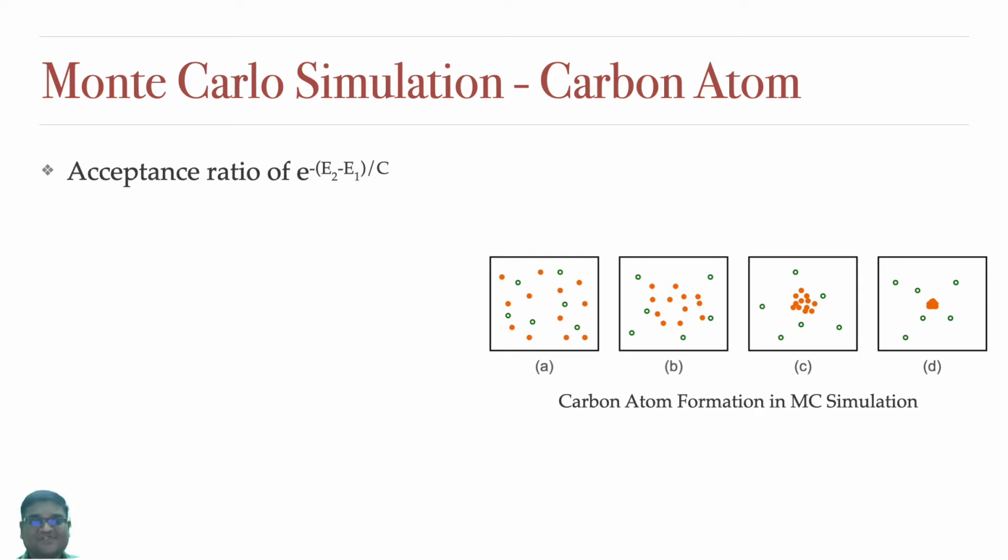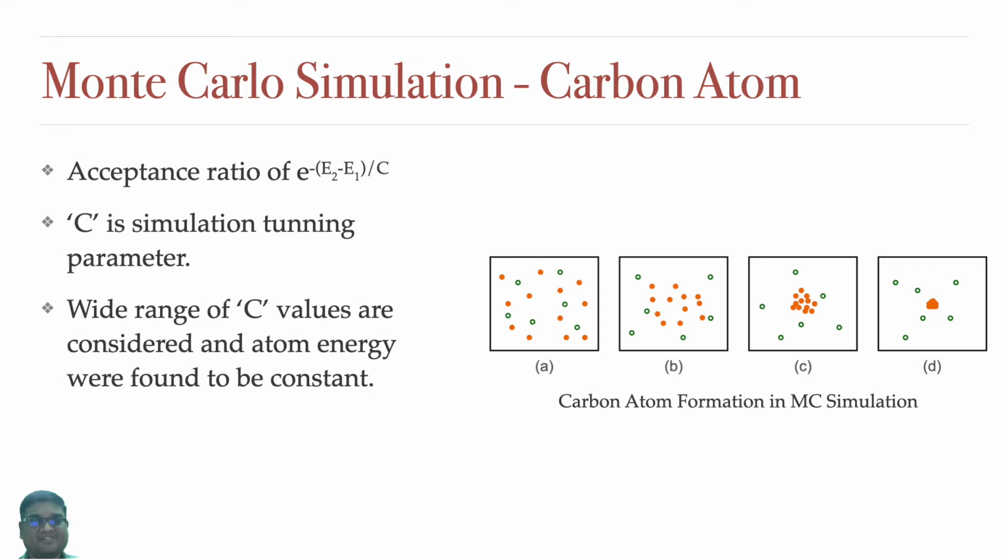The acceptance ratio I used in this subatomic particle simulation is the exponential of the difference in energies, divided by a tuning parameter C, which is related to the temperature of the atom. Right now I don't know the value of C. So, based on trial and error, we considered wide ranges of the tuning parameter C, and in each case the equilibrated total potential of the atom was found to be constant.